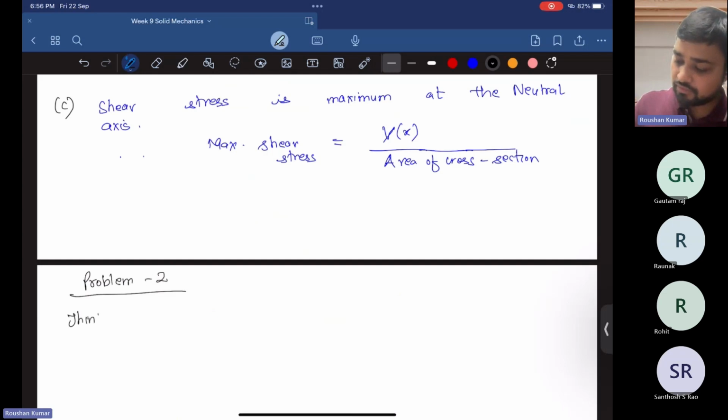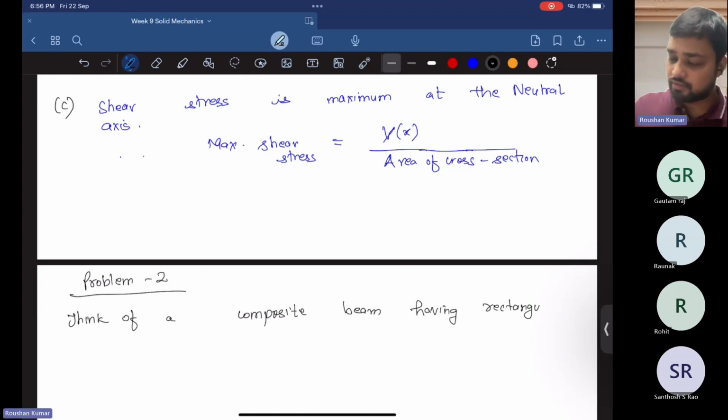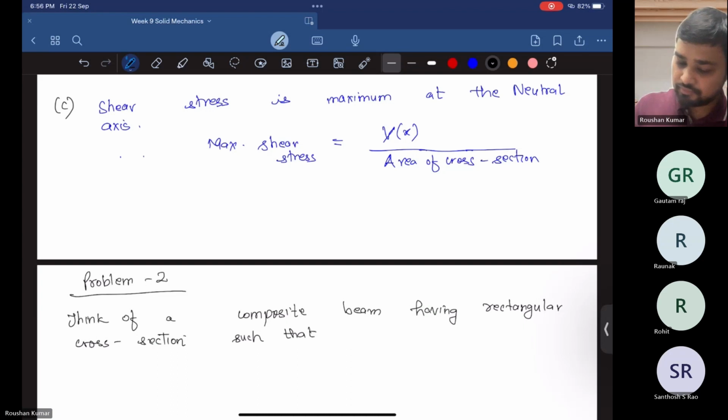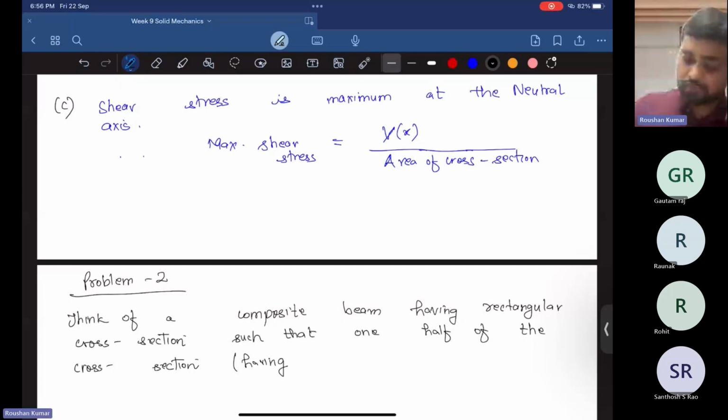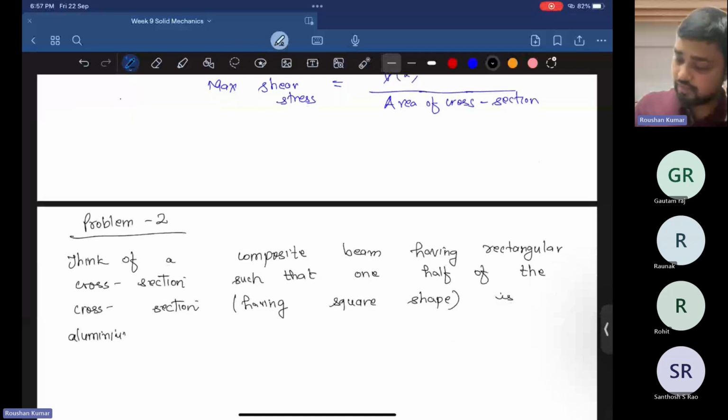So the question is, think of a composite beam having rectangular cross section such that one half of the cross section, having a square shape, is aluminium while the other half is steel.